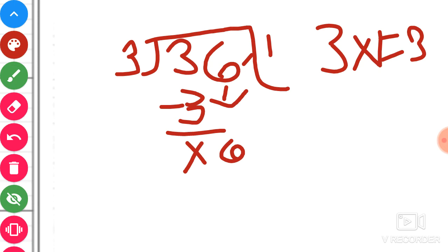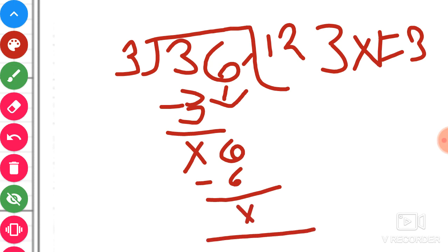So 3 के टेबल में 6 कितनी बार में? How many times we will get 6 in 3's table? We will get 6 in 3's table in 2 times. 3 2s are 6. So 6 minus 6 we will get nothing. So our answer will be 12.